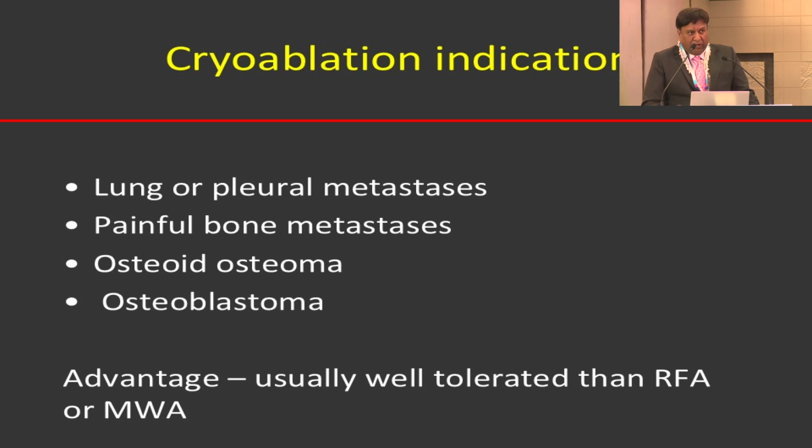We like cryoablation more over other ablation because it's usually much more well tolerated than RFA, less skin injuries, at least in our experience, and it also depends on individual comfort level and experience level. Some people prefer doing RFA in the majority of their cases, which is fine because that's what their experience is and they get great results with that.